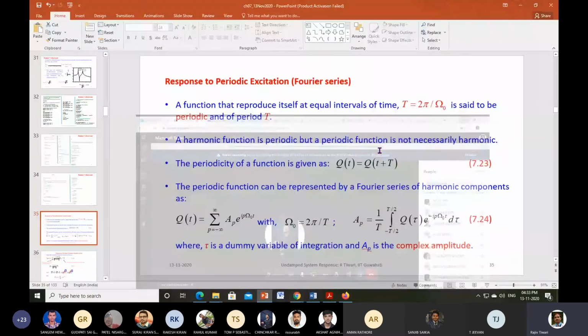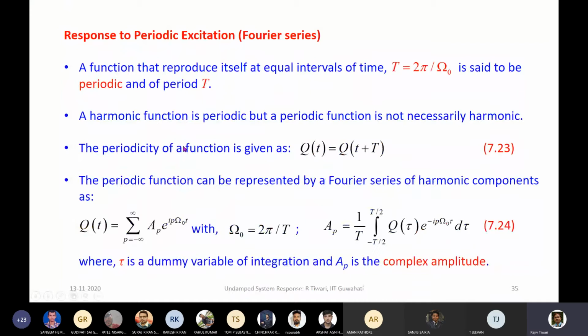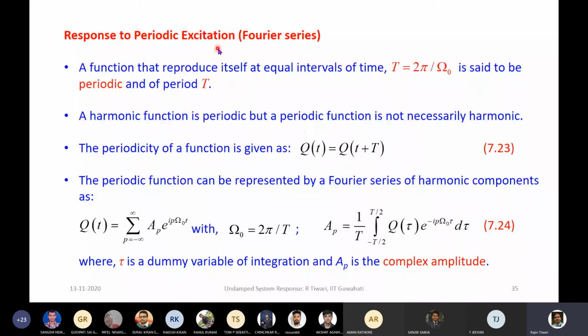Okay. So once we have obtained the response for harmonic excitation, now next is the periodic excitation. So what is periodic excitation? Periodic excitation is when the excitation pattern is changing over an interval of time and repeating after some period of time.